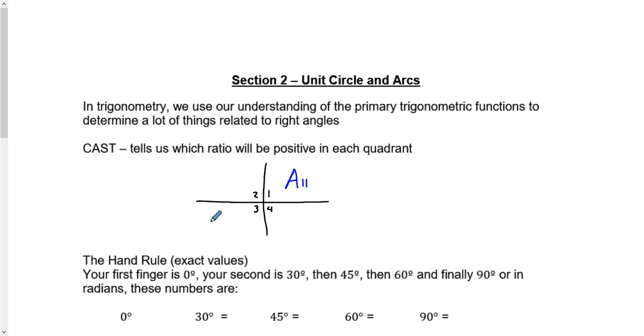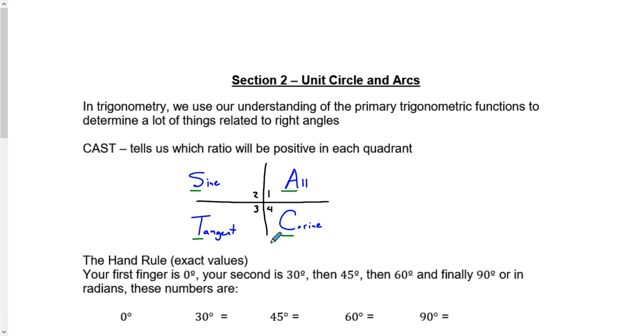In quadrant number 3, tangent is positive. In quadrant 4, only the cosine is positive. And in quadrant 2, the sine is positive. So our CAST comes from just those first letters of each of those things. C-A-S-T.